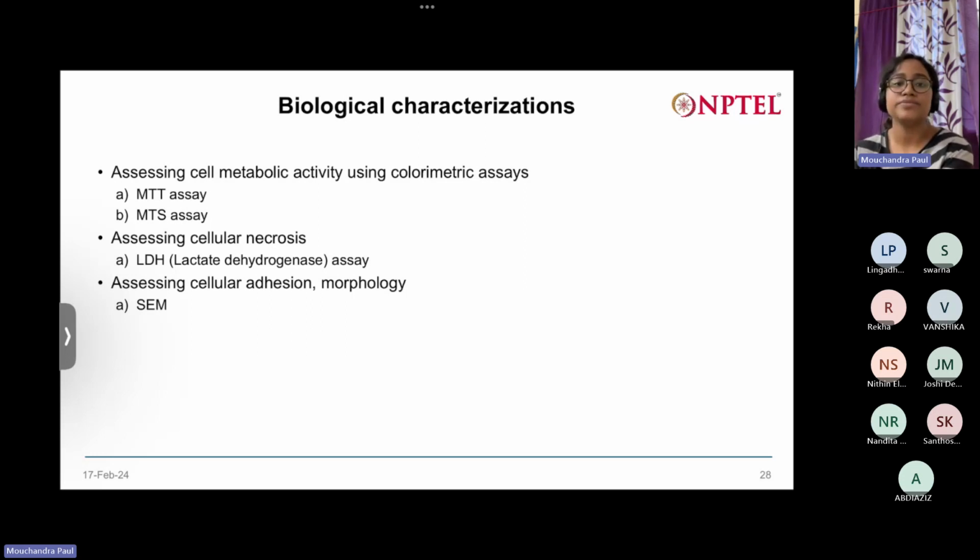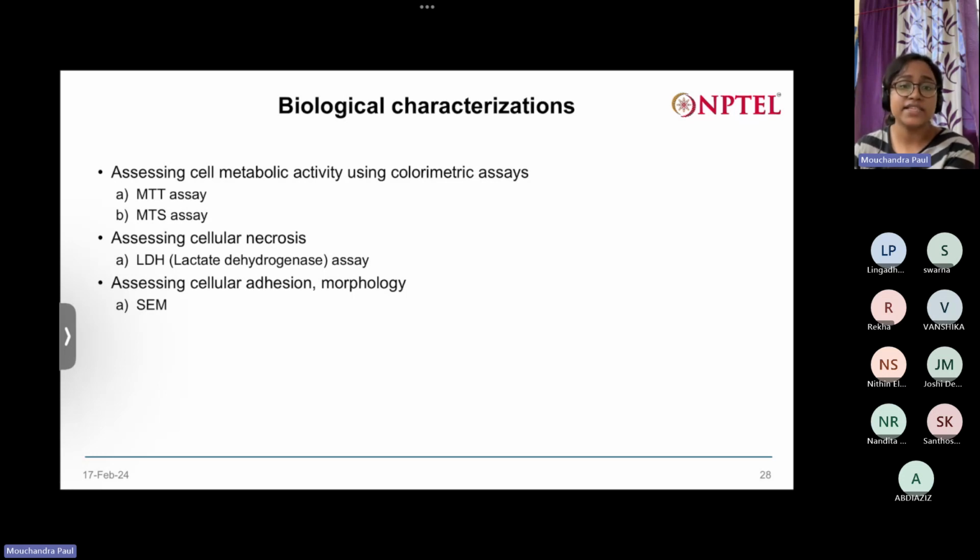In this assay, we basically measure the level of lactate dehydrogenase. So the higher the level of lactate dehydrogenase, it means more and more cells are heading towards cell death, or the necrotic phase.